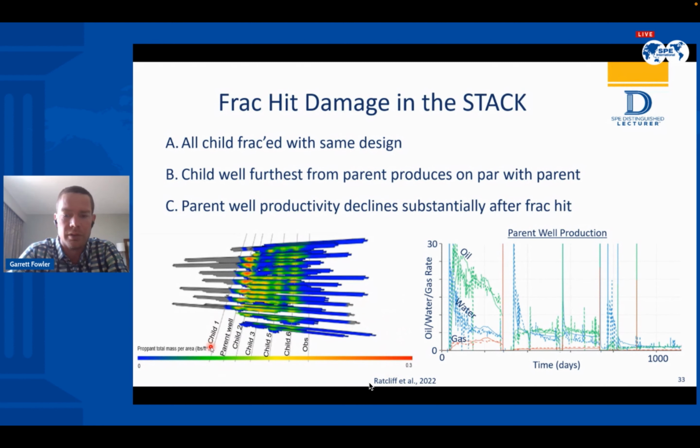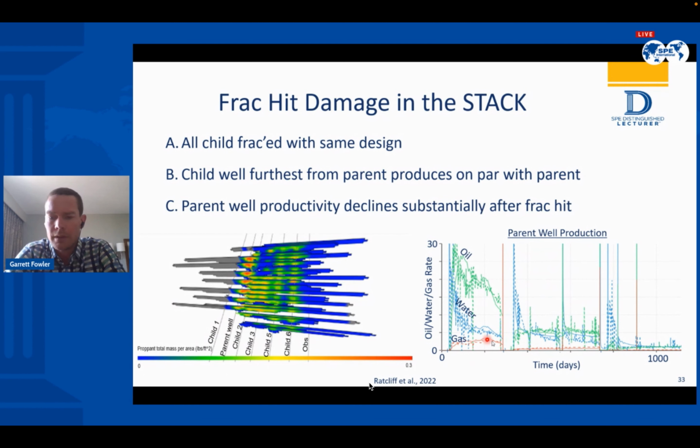Child number 1 is drilled 1 year after the completion of the parent well, and child wells 2, 3, 5, and 6 are drilled 2 years after. Child well 4 is going in the opposite direction, so it's not immediately parallel to the parent well, if you're wondering why or where child 4 went.